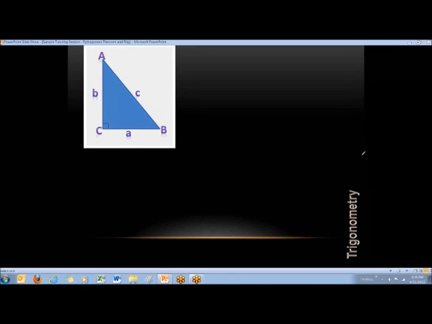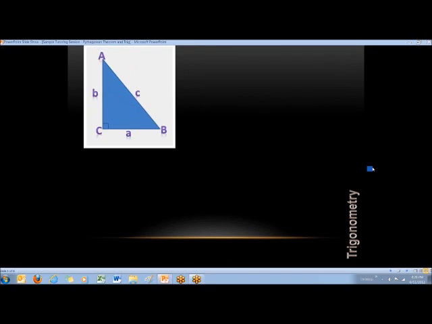If this angle were smaller, that would be a smaller side. If this angle were bigger, side B would be a bigger side. So there's a relationship between the size of the angle and the size of the sides, and that's what trigonometry taps into, and it's really cool. I love trigonometry. I think it's a neat subject.